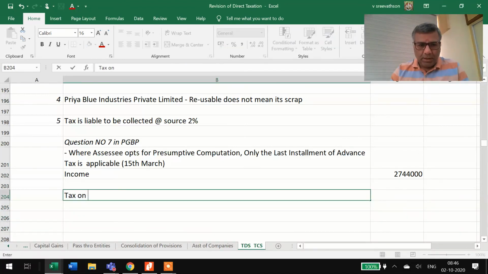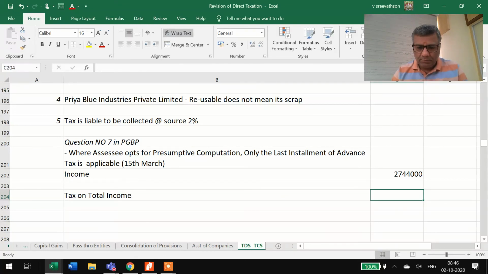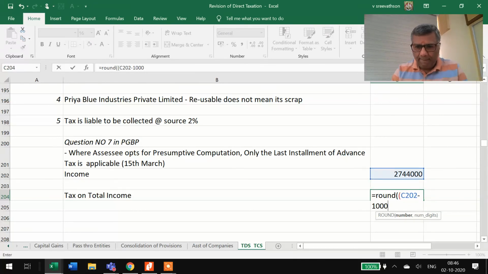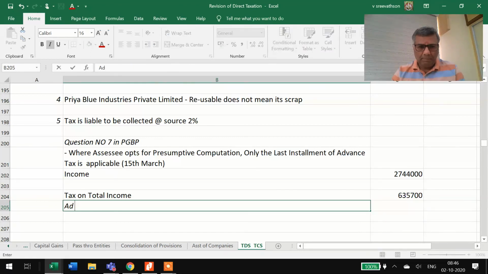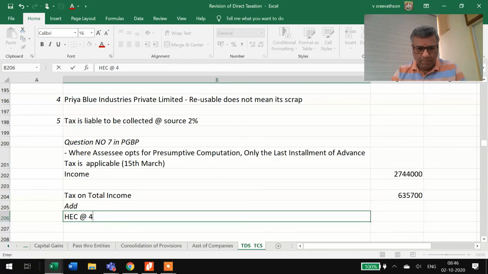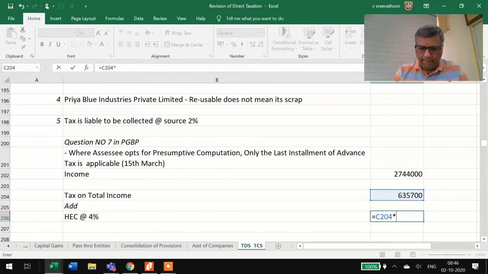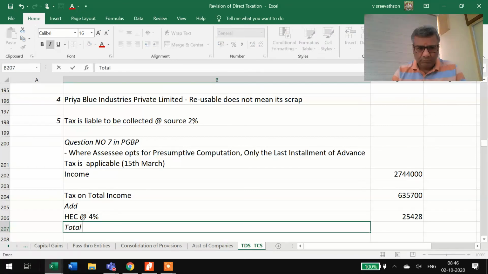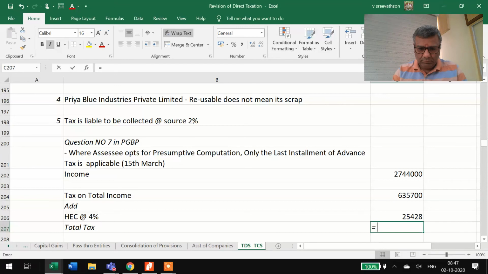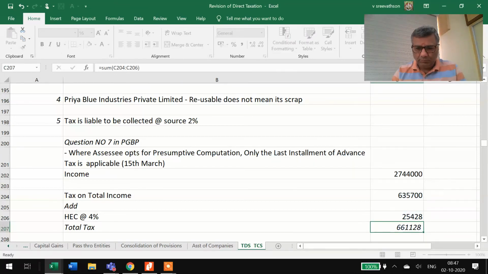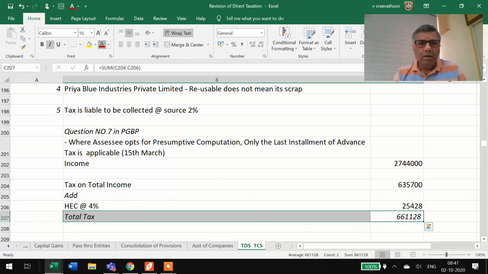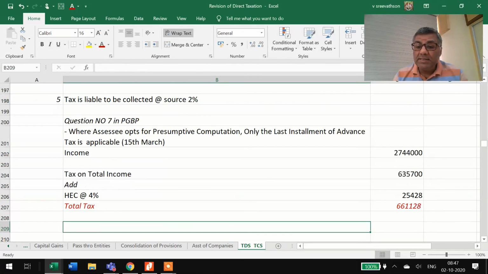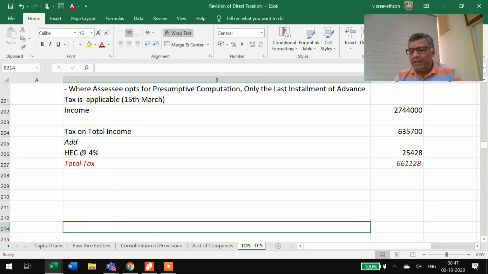Tax on total income, total tax 6,61,128.